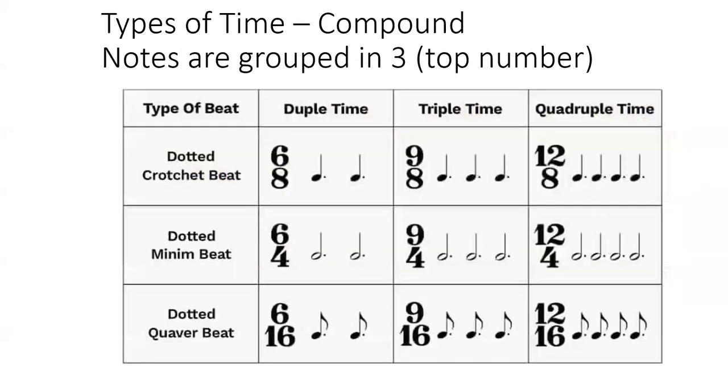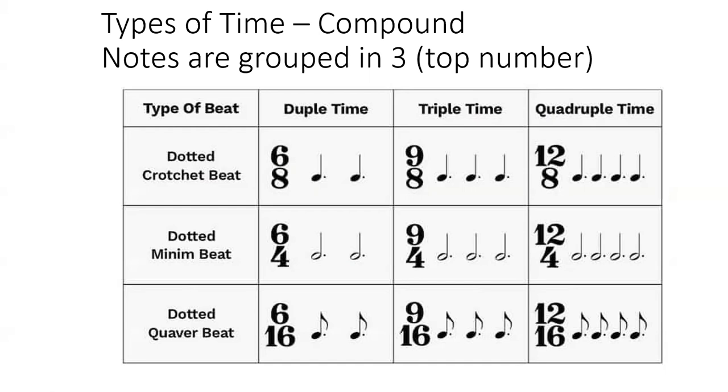If we go into compound time, the top number is divisible by 3, so each beat can be split into 3. If you look at duple time in 6/8, we've got 2 dotted crotchets. Each of those dotted crotchets can be divided by 3, so you'd have 3 quavers within each dotted crotchet.